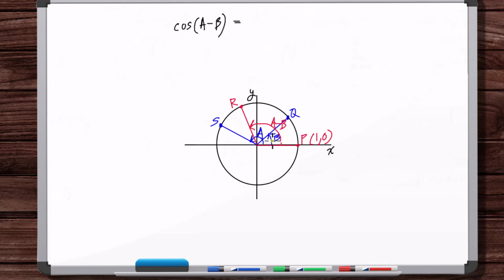So if point Q is at angle B, its x coordinate is cosine of B, and its y coordinate is sine of B. Similarly, point S is at cosine of A, sine of A. And point R, at angle A minus B, is at cosine of A minus B, sine of A minus B.